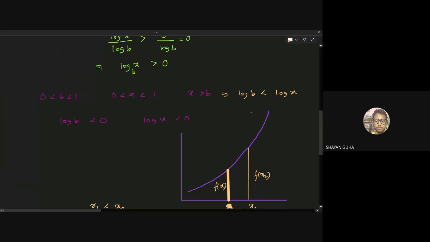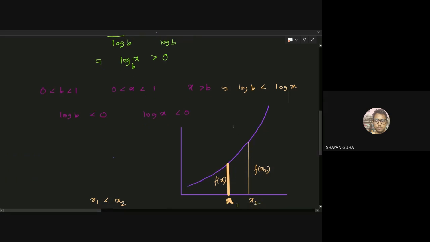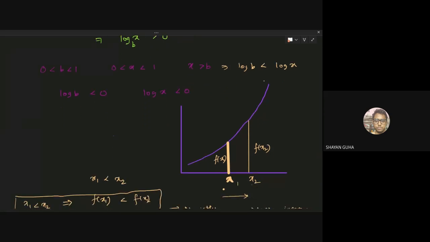Any doubt till this point? Am I good to go? Okay. So I now have two things. I got log b less than log x. And also both log b and log x are negative, less than 0.